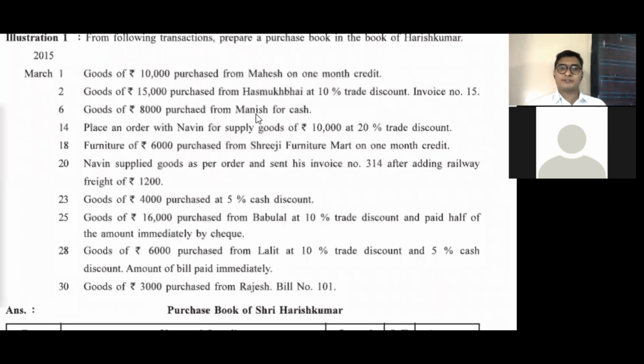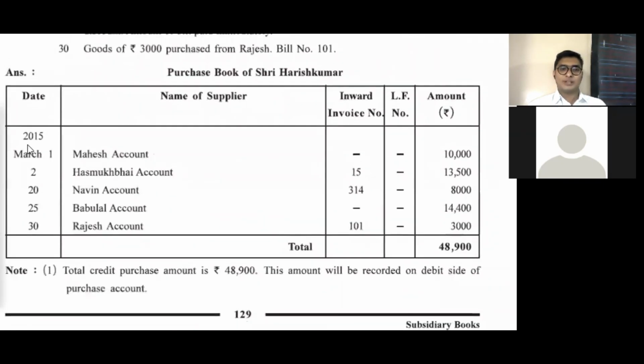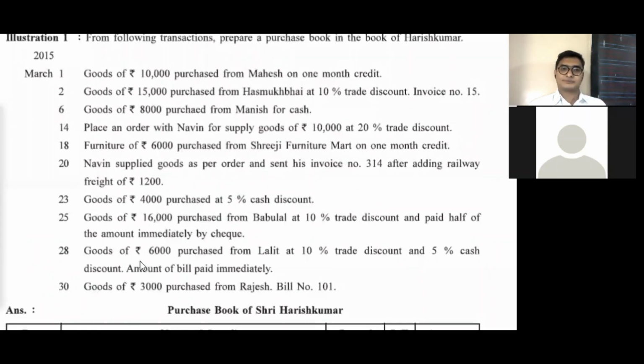So name of person will become irrelevant. Cash word is given, so it is a cash transaction and cash transactions are not recorded in purchase book. So transaction number 6 you cannot see over here because it is a cash transaction and cash transactions are not recorded.